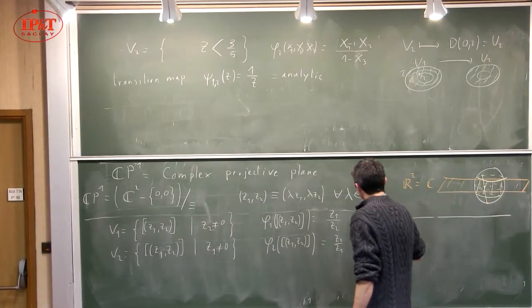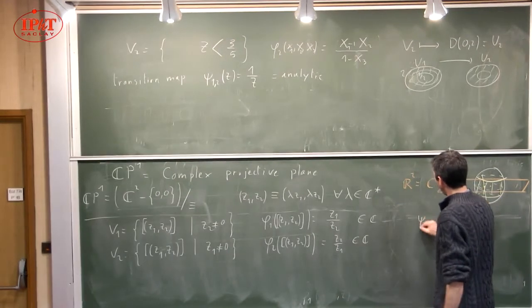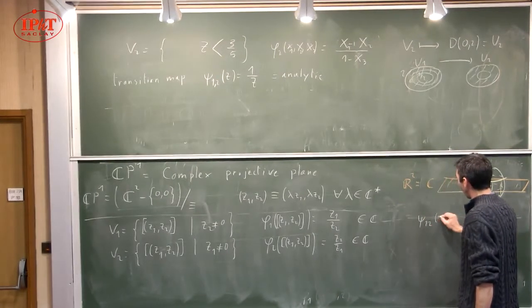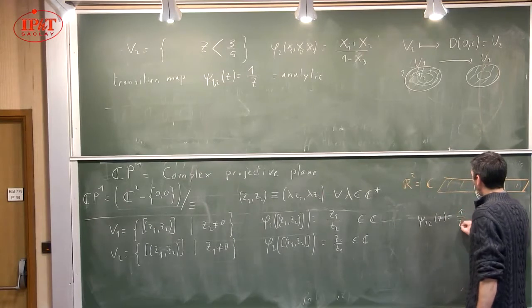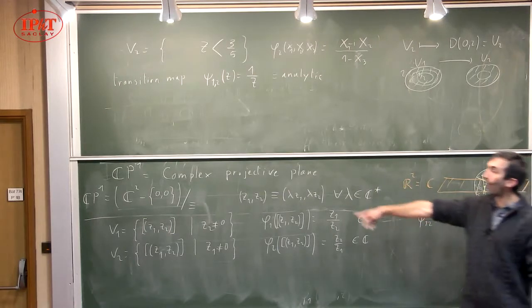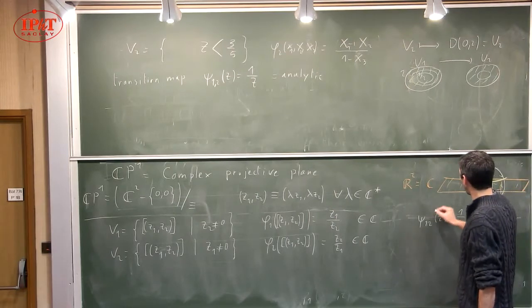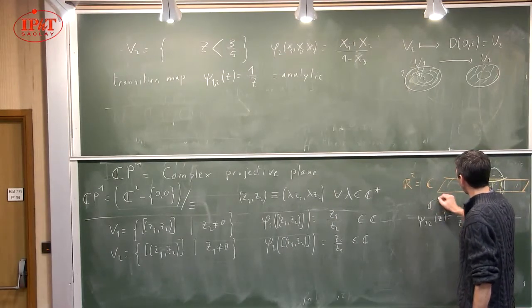That again belongs to C, and the transition map psi 1, 2 of Z equals 1 over Z. And those two charts cover the whole space. Say. And again, the transition map is the map that goes from C star to C star.